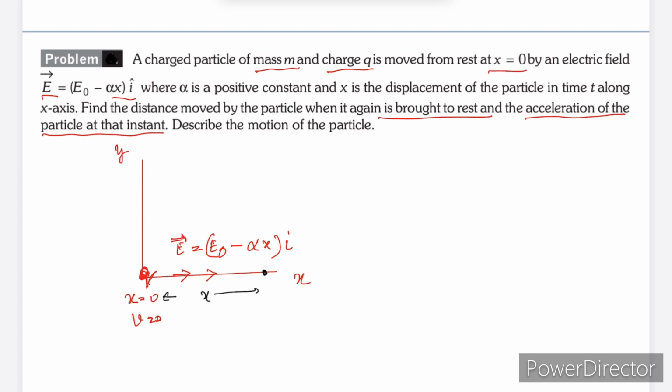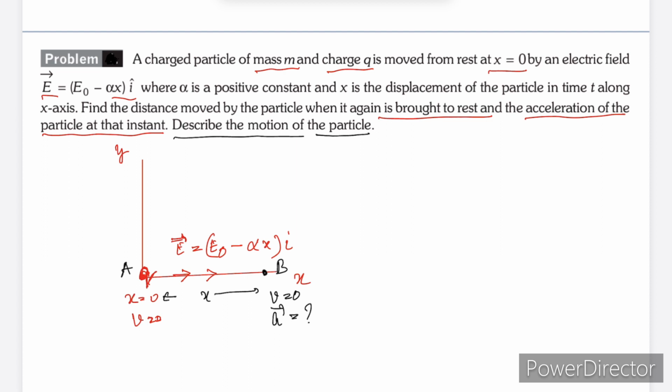Suppose this point is A and this point is B. So we have to find the distance between A and B, where velocity is 0. And of course, the acceleration is also required to be found out. Then the question says, describe the motion of the particle, correct? So we have to describe the motion of the particle also.